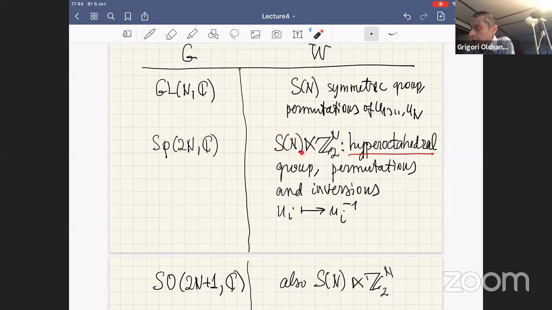They act by permutations, and these elements act as inversions, because here we have a larger group of symmetries. The eigenvalues come in pairs: if you have some eigenvalue u, the symplectic matrix has in its spectrum also 1 over u. So this is a large group of symmetry, and this subgroup is generated by these inversions.